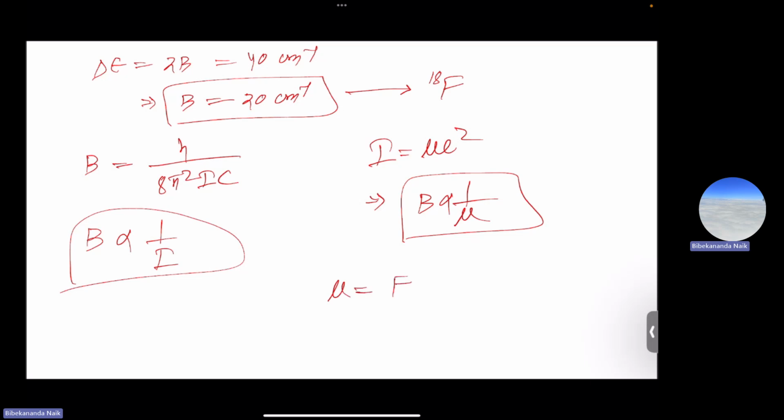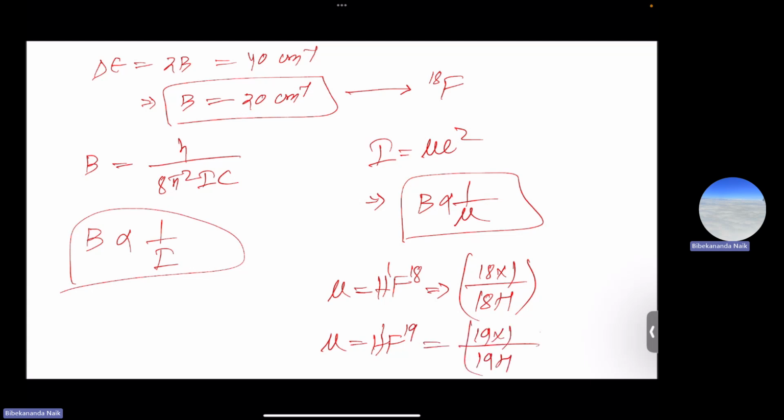For HF where H is 1 and F is 18, mu will be 18 into 1 by 18 plus 1, but the mu for HF where H1 and F19, it is 19 into 1 by 19 plus 1.